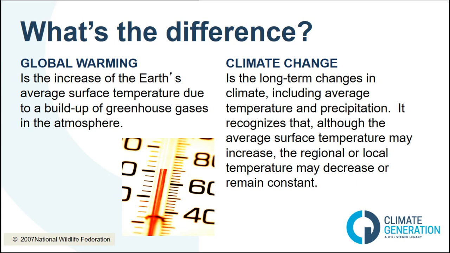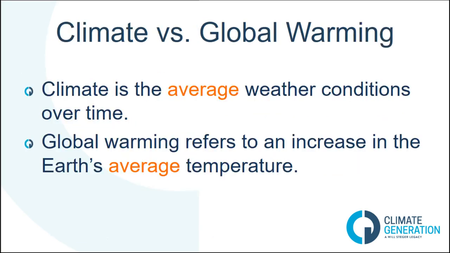So it recognizes that although the average surface temperature may increase, the regional or local temperature may decrease or remain constant. Climate is really the average weather conditions over time, and global warming refers to an increase in the Earth's average temperature.